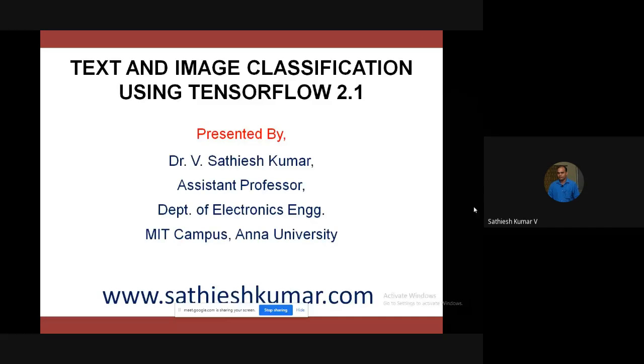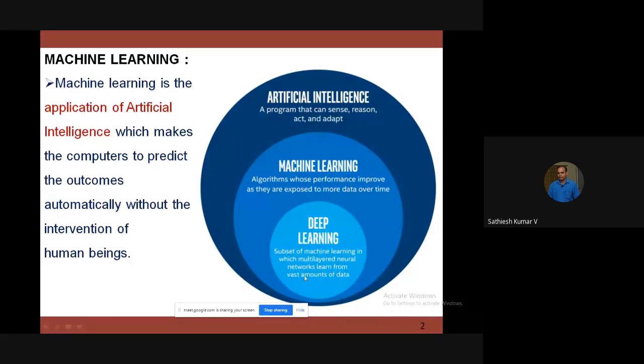Okay. So thank you. Today I'm going to present about text and image classification using TensorFlow 2.1 version. First, let me start with a general introduction of an artificial intelligence system. An artificial intelligence system is a system which has a CPU, and the CPU is going to execute a program.